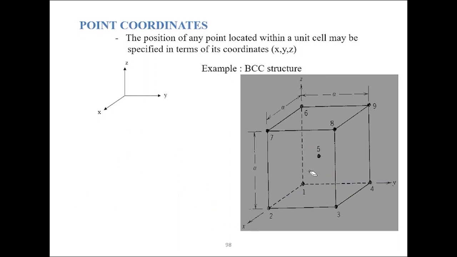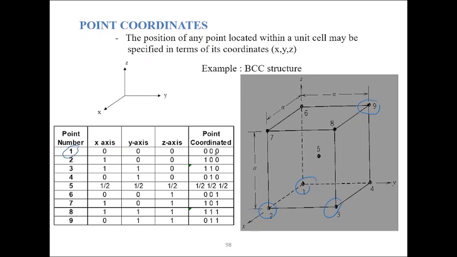So now let's take a look at all the points here that we have. We have point 1, point 2, point 3 until point 9. For point 1, the coordinate for x-axis is 0, for y-axis is 0, and z-axis is 0. So the point coordinate will be 0, 0, 0. Now we look at the coordinate at point 9.